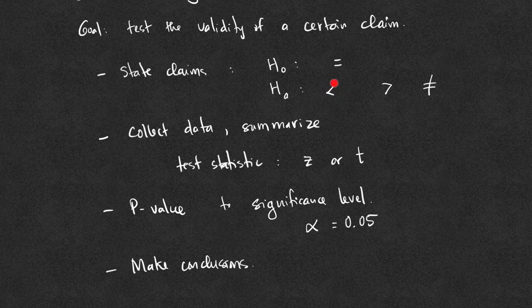For instance, if we reject the null hypothesis, then we would informally accept the alternative. And if we fail to reject the null hypothesis, then we would have to reject the alternative hypothesis informally.